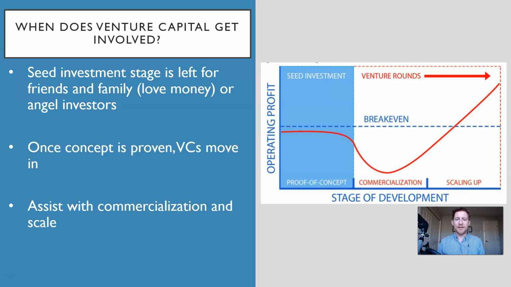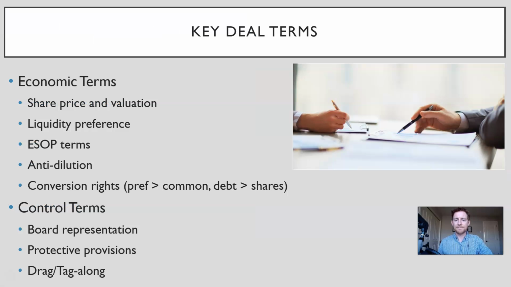Okay, and the venture capital firms are also assisting those companies, not just with the cash, but expertise to really juice up that process of getting bigger, better, and cash flow positive over time. So when you're doing a venture capital deal, the deal terms are very important. So there's economic terms and then there's control terms.